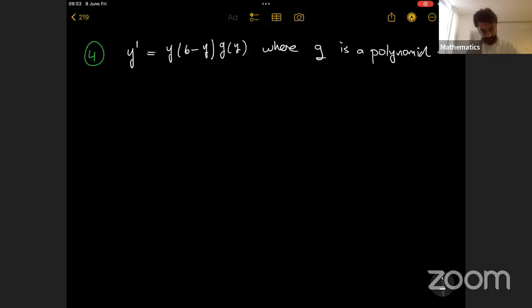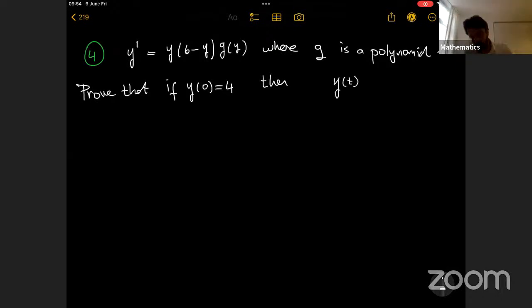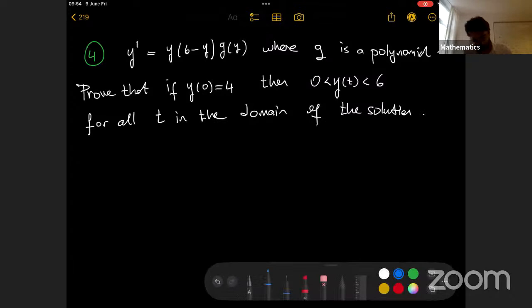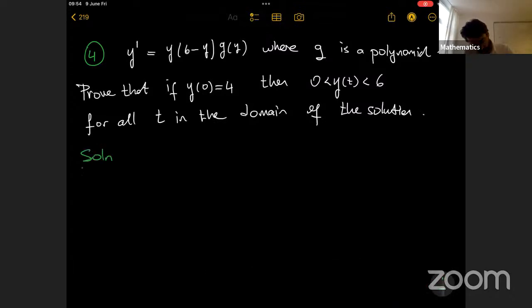Prove that if y0 is equal to 4, then y of t is between 0 and 6 for all t in the domain of the solution.